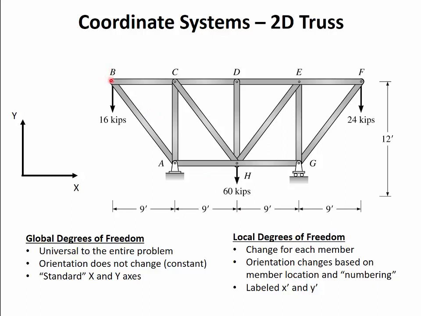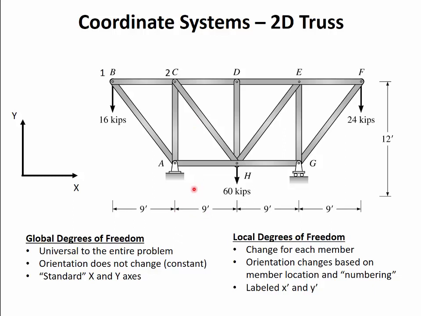If I draw this as shown here, going from A to B, B to C, C to D, and so on, then as I draw these members, assuming every member was drawn going from the lower letter to the higher letter, every member would be drawn in that order. And typically local coordinate systems are labeled x prime, y prime, and then z prime as well in 3D.